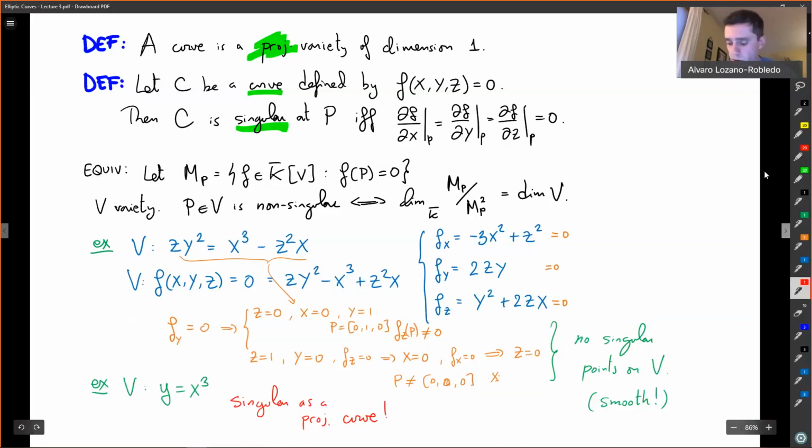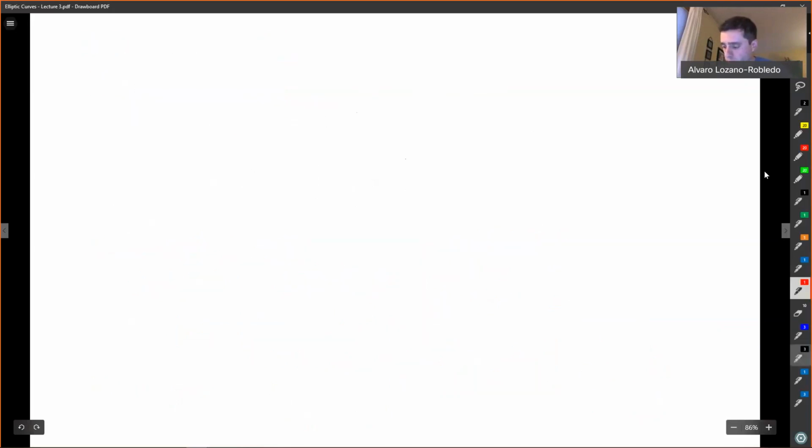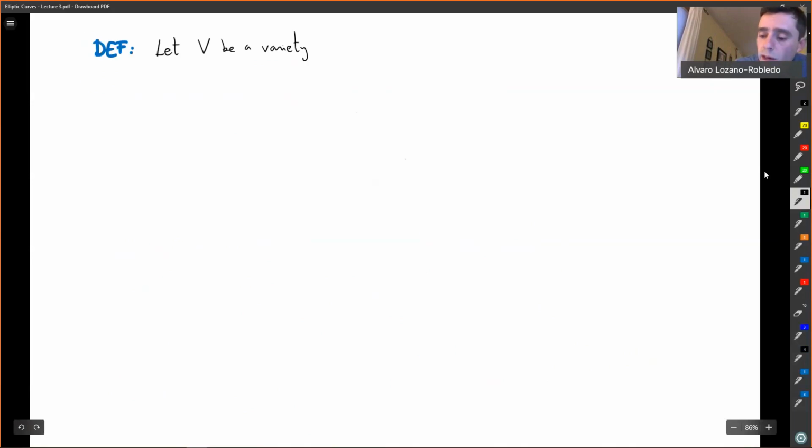So I'm going to now move to define the concept of the local ring of V at P. So we're going to start thinking about functions. And first of all, you can think about functions locally at a point. So the local ring, let, again, V be a variety, and P a point on my variety.